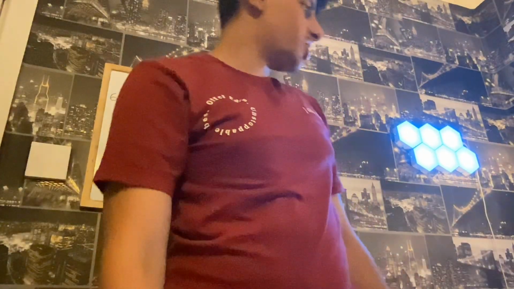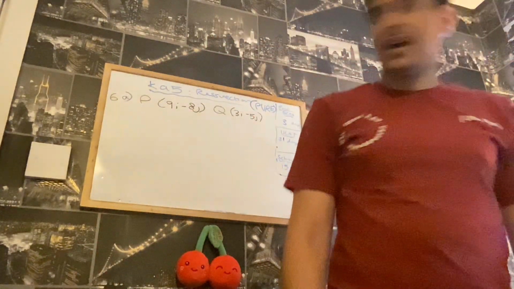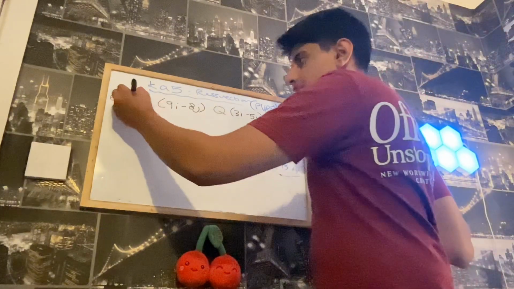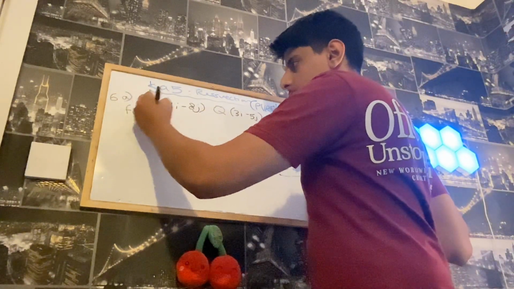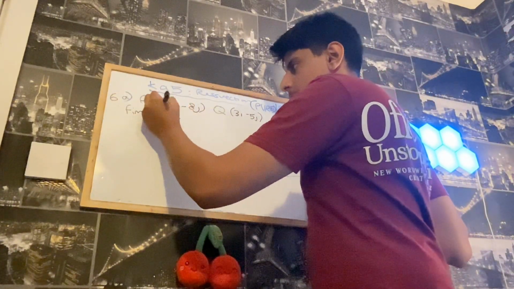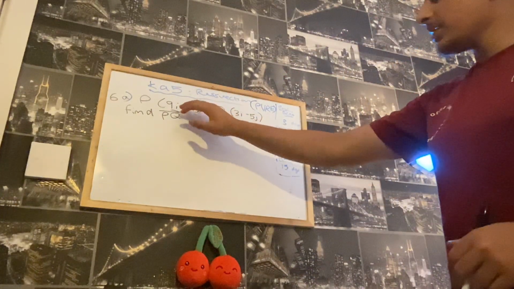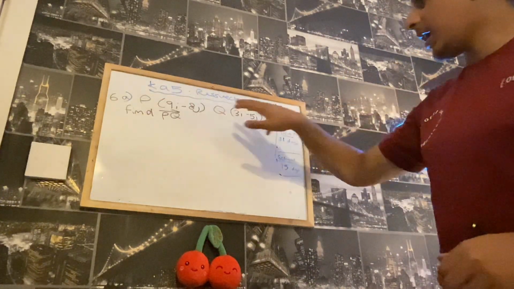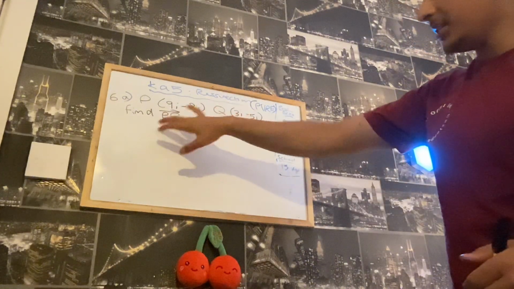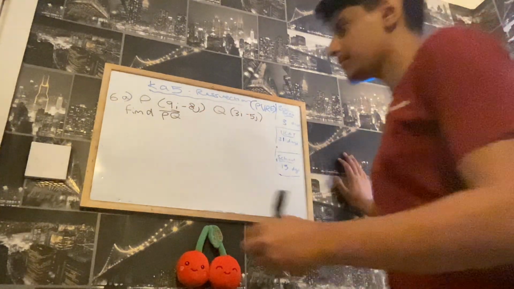So we're starting 6a, and it's asking us to find PQ. Find PQ. Okay? So how are we going to do that? We're given 2 data points, P and Q. We're trying to find from P to Q, right?